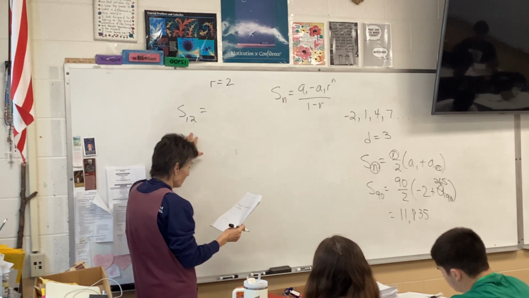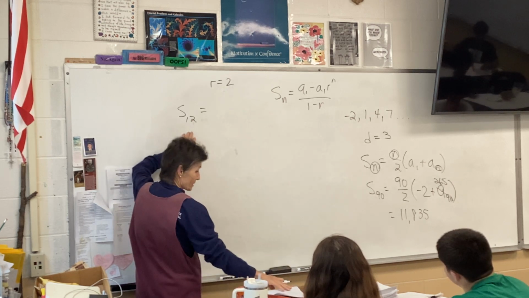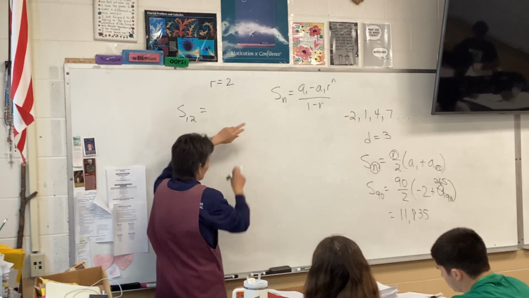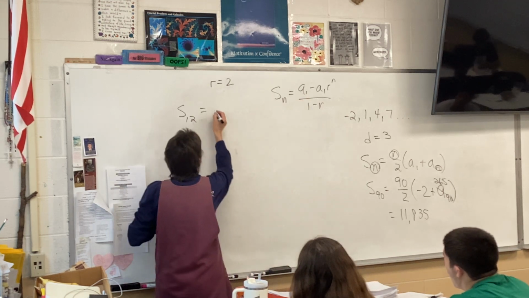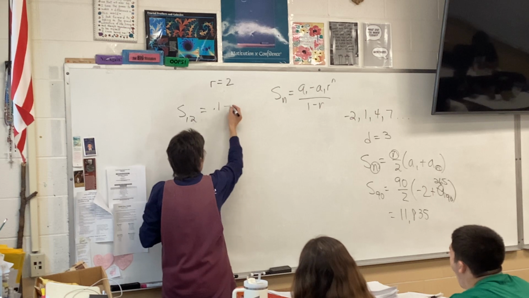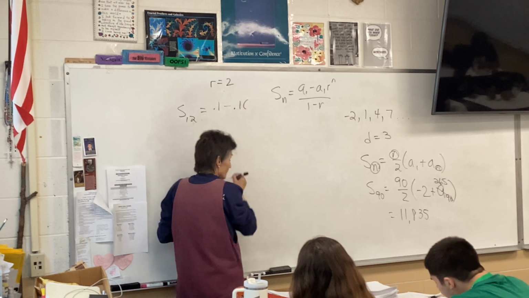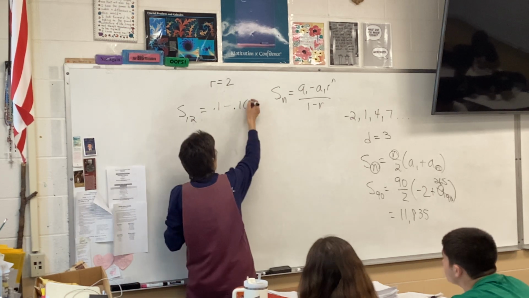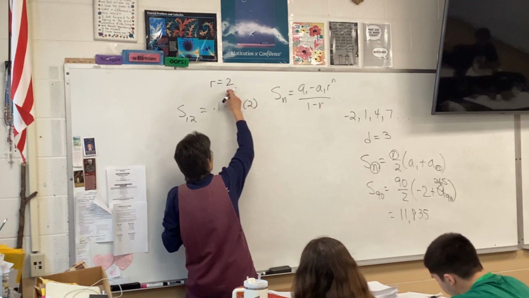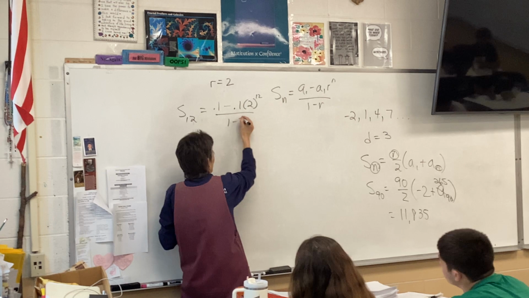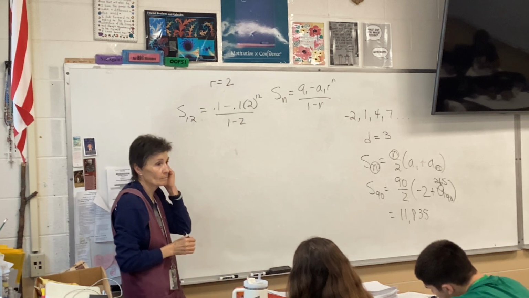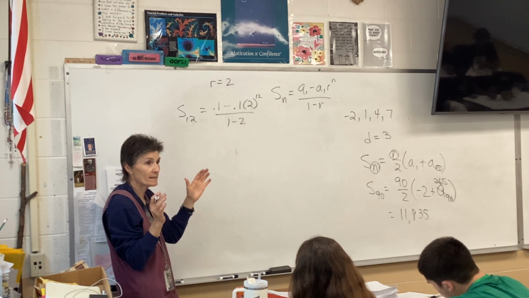All right, so let's just start plugging in. We want the first 12 terms. Our formula says take the first term, which is 0.1, minus 0.1 times the ratio to the 12, over 1 minus the ratio. I have everything I need.